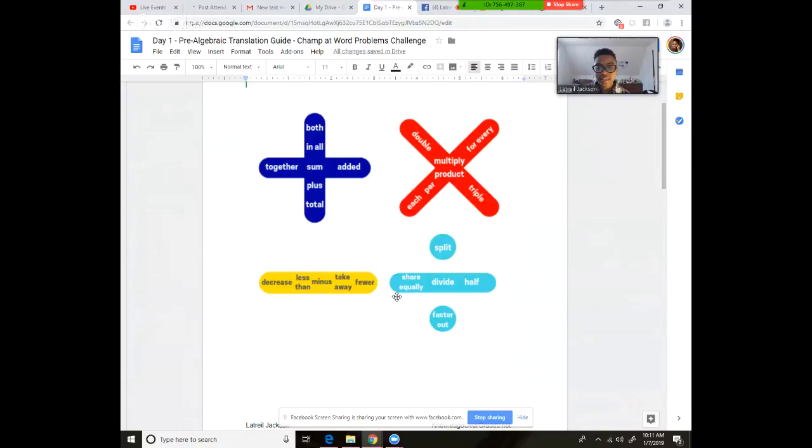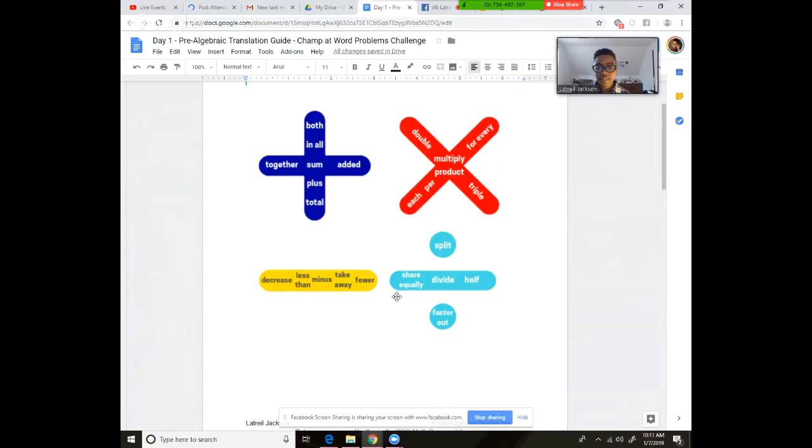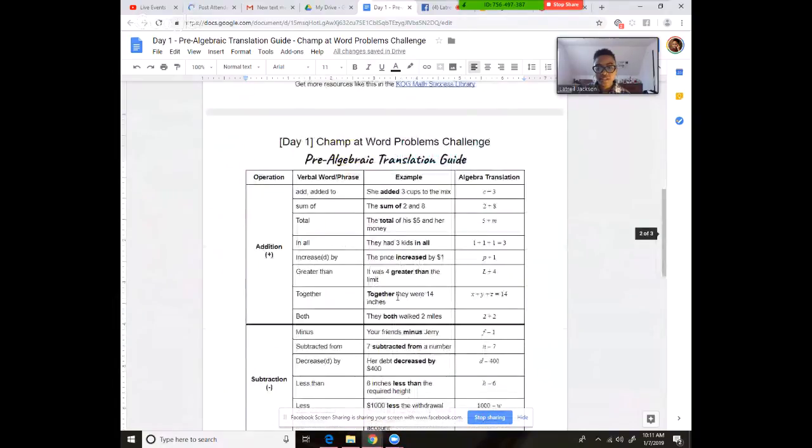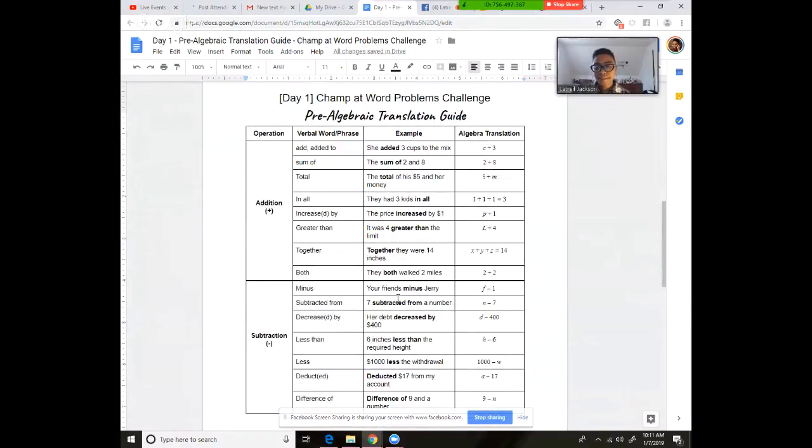And scrolling down, I actually created a table that has even more words and phrases, examples of how you may see them in a word problem, and then the algebraic translation, so that you'll be able to translate from verbal to algebra. So, let's look at a few.